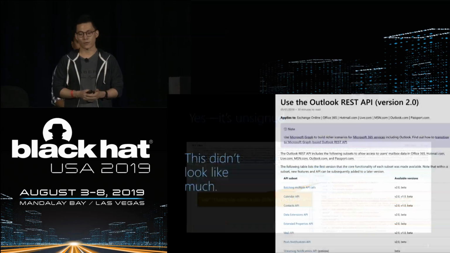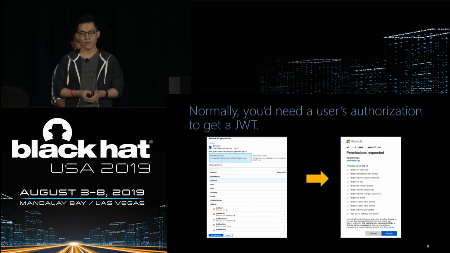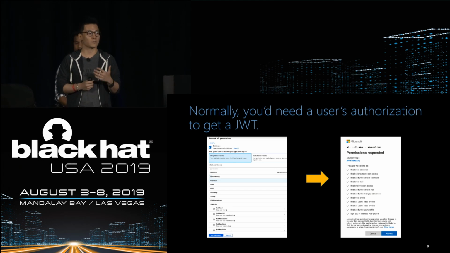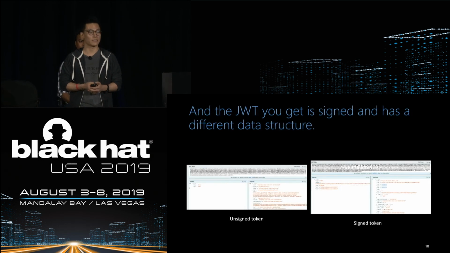Then I came across the official RESTful API on Outlook. Normally, to use this RESTful API, a third-party client or application needs to be registered on Azure Cloud, and then let the user go through an OIDC flow, or OpenID Connect flow, to get the user's authorization to grant certain permissions to this application, so that the application can retrieve a JSON Web Token, and that token is definitely signed.